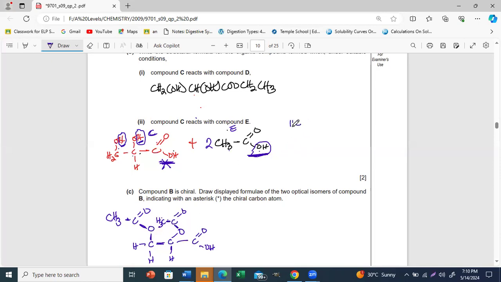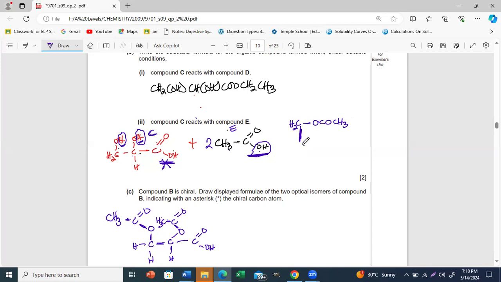I can say CH2, O, then COCH3, connecting this down, then going vertical.